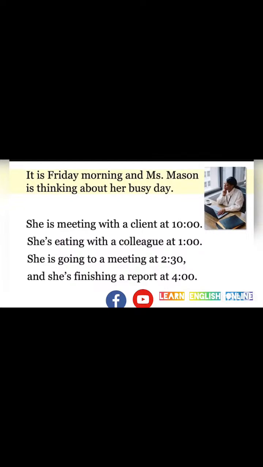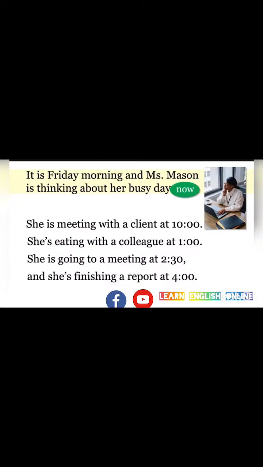Okay, let's look. These are all in the present progressive. I see every verb here is a be verb, is, and then another verb with ing. But in the first sentence, it is Friday morning and Ms. Mason is thinking about her busy day. That is happening now. I know that because I can see that there's a picture of a person thinking.